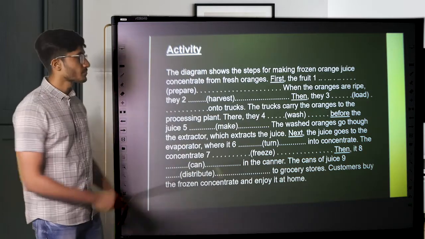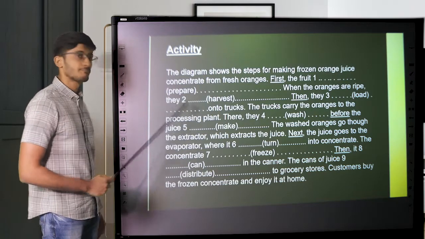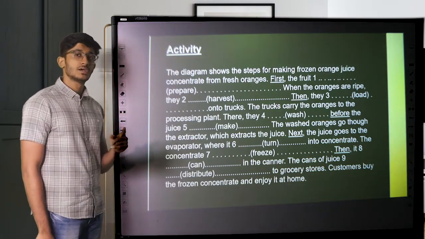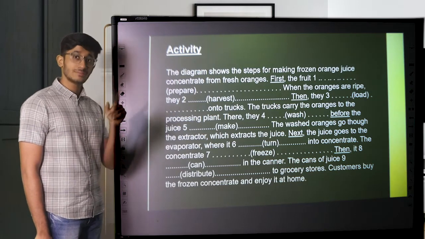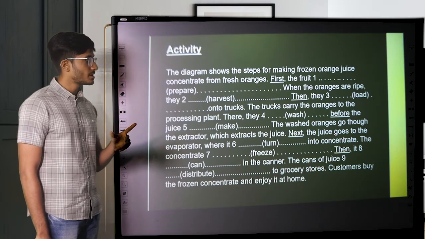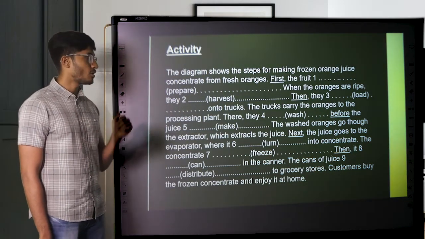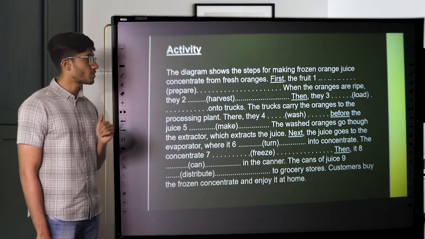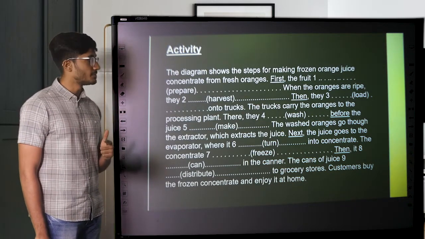So firstly, the fruit. Here it's prepared, but you need to use the passive form of the verb in present tense, remember? In order to write the passive form of the verb, you have to use the be verb and the past participle of the main verb.